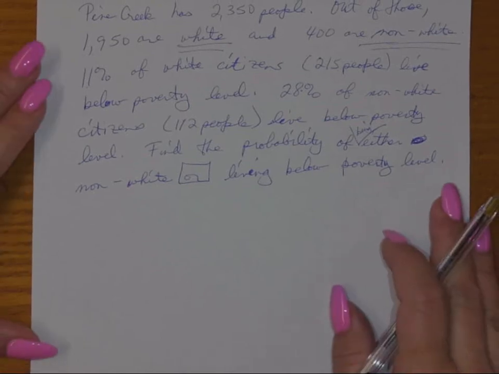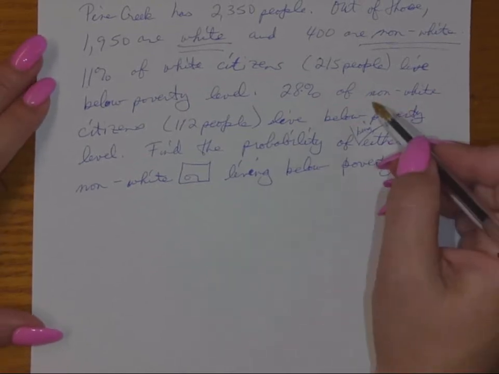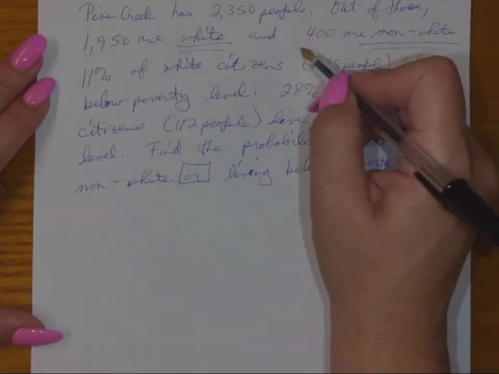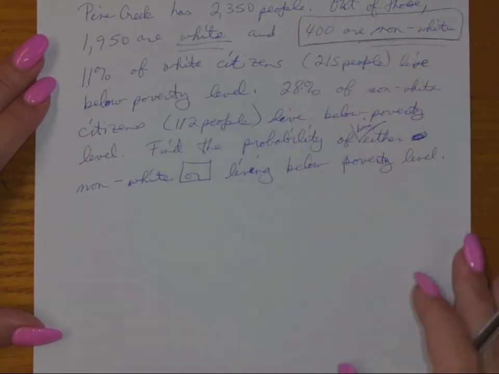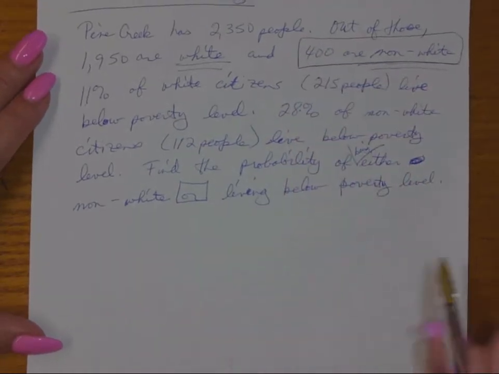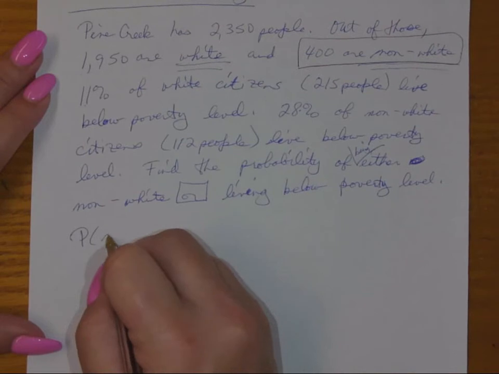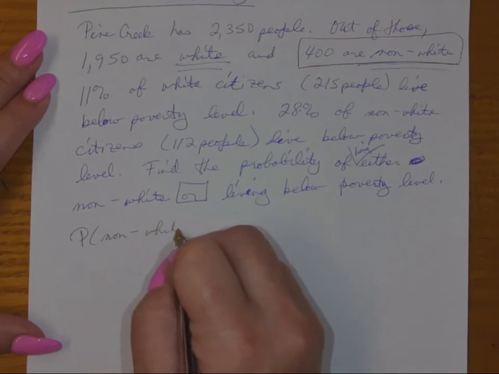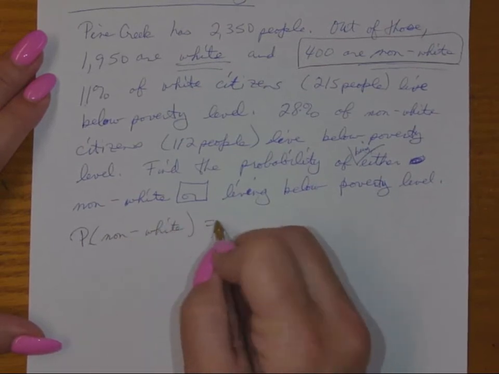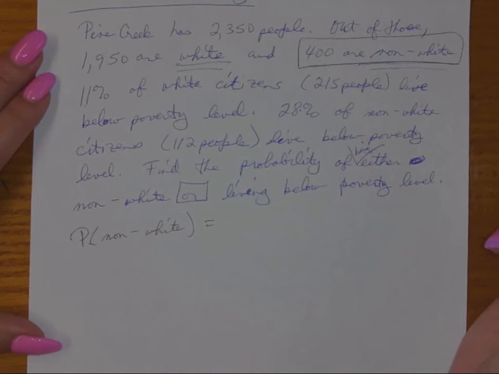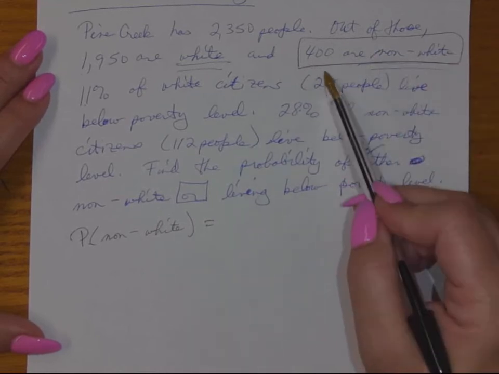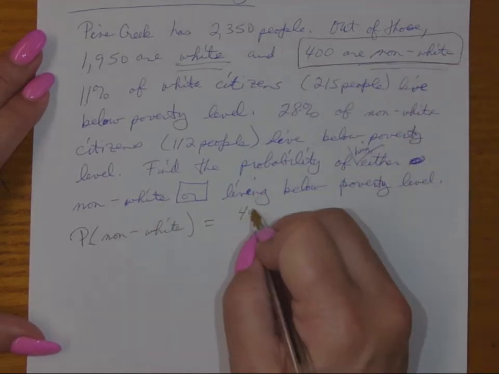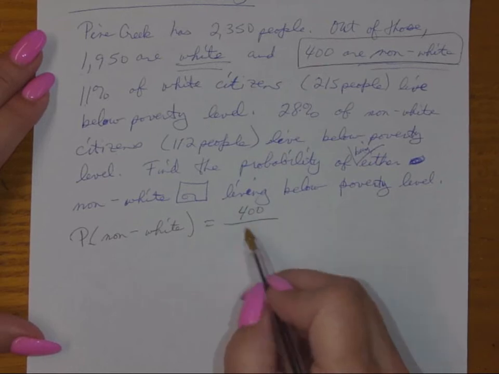The probability of being non-white, let me come back here, 400 are non-white. The probability of being non-white in this particular town is what? Let's do the relative probability here. 400 are the non-white, that's what I want on top. That's the situation I'm looking for.